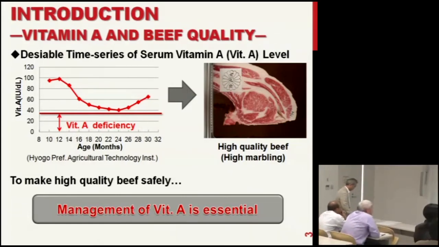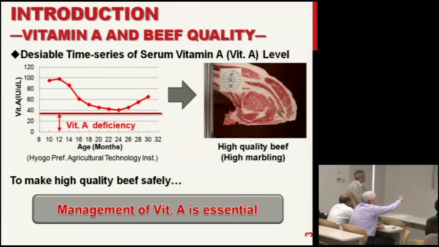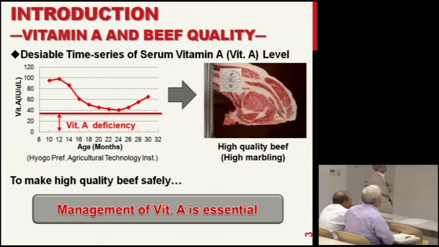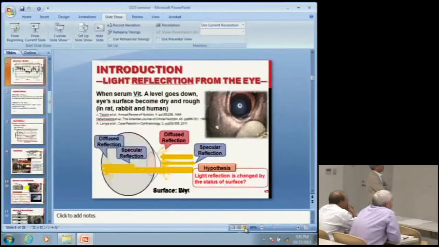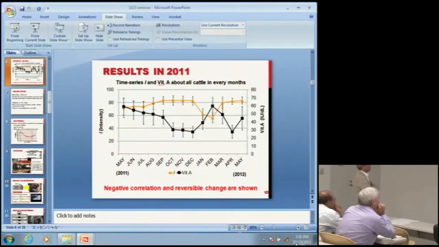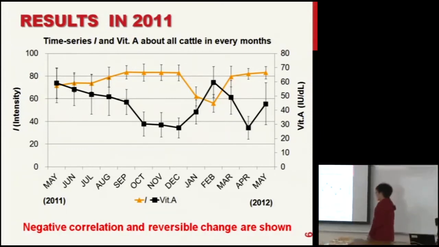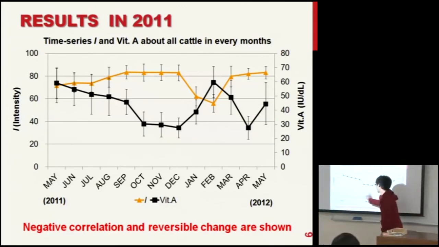Can you then go to your graph showing vitamin A correlation with intensity? On this graph you have months, but where is 20 months old? I think around here.